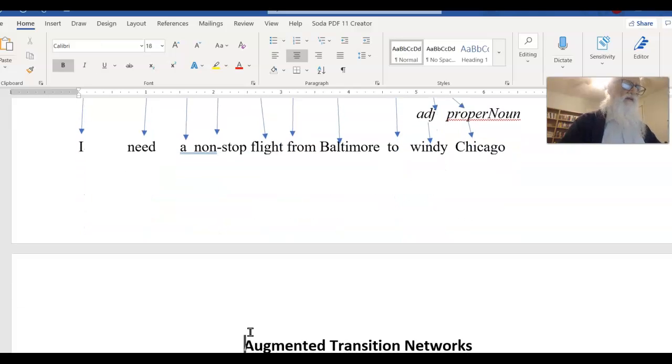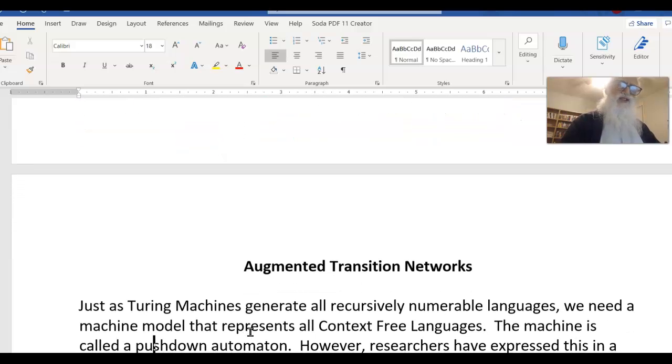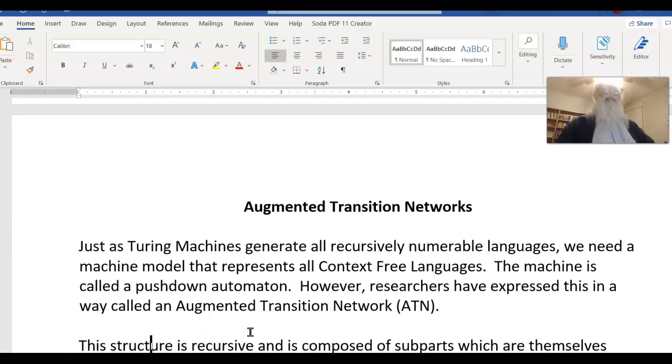If you remember, we said that each of the languages has a machine model that goes along with it. The languages with regular grammars describe the recursively enumerable languages. That's not all of them, but it's a big subset.